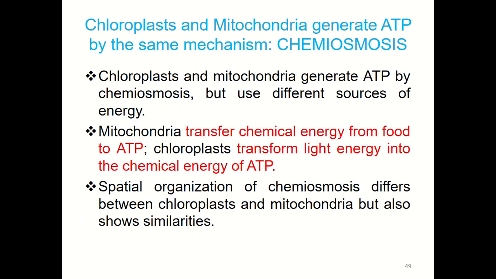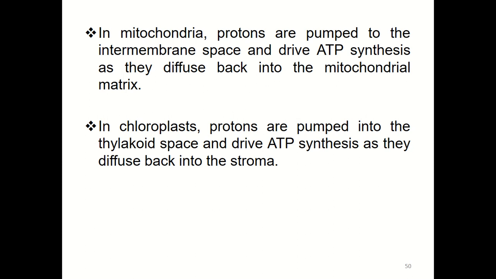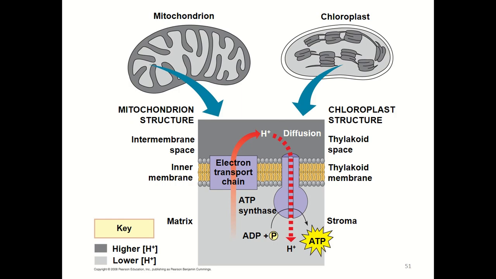So let's look at the difference in the chemiosmosis process between chloroplasts and mitochondria to generate ATP. Okay, let's look here. In mitochondria, the electron transport chain happens in the inner membrane of the mitochondria. Meanwhile, for chloroplast, it happens in the thylakoid membrane.